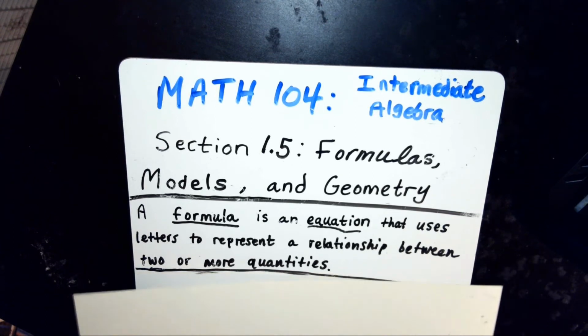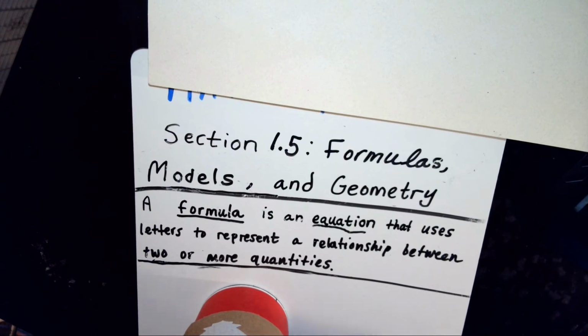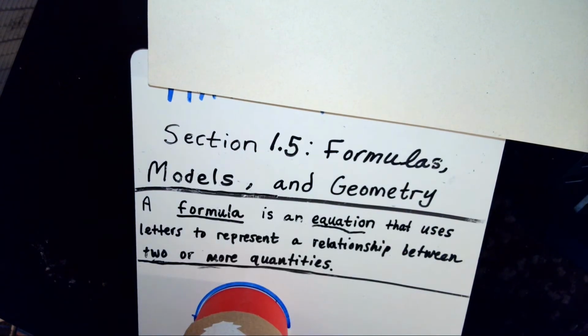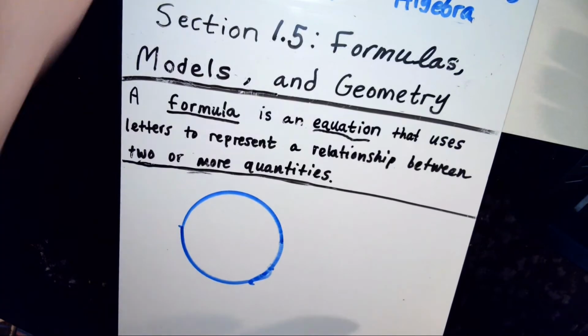So let's say that I have this coffee cup here. Why don't we do something with a circle? All right, I've got a rough circle here.